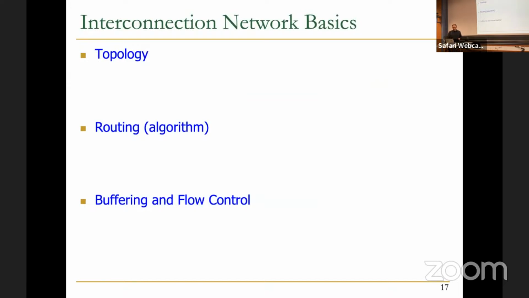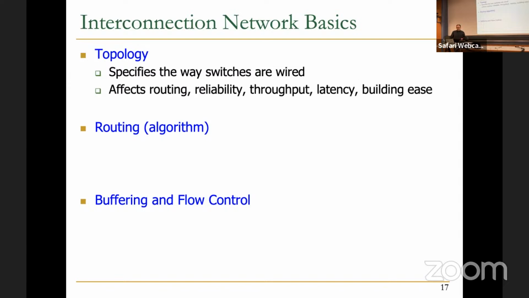Okay, so the first terminology is topology, which specifies the way switches are wired. Essentially, the graph of switches, the way that you connect switches or routers, defines your topology. Topology affects the routing algorithm, how you route your messages from a source to the destination.